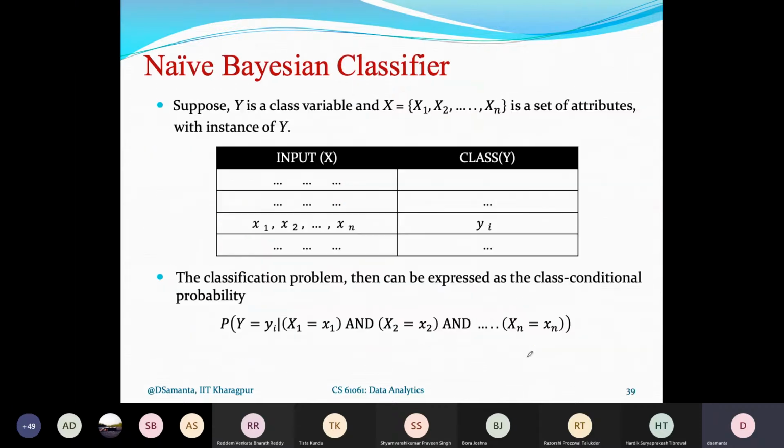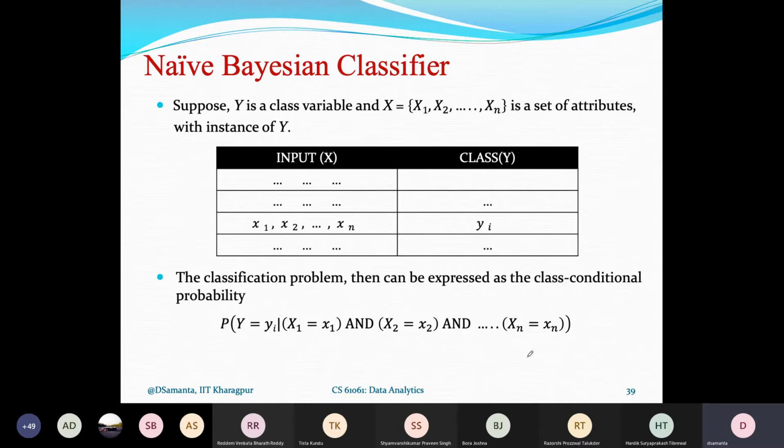Okay, so now I can start the discussion of how Bayes' theorem is applicable here. Again, consider there is a data set. The data set consists of a number of attributes by which each record is defined, and the last attribute is the class level.